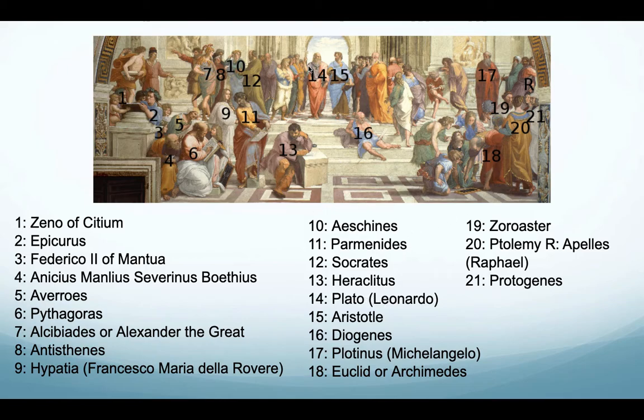So that's what Leonardo looked like. It says number 20 here is Raphael, but a lot of people have speculated that this is Raphael right here, number 13. And so he's got a lot of different friends that we have figured out who they are. But you can see that it's, like I said, a who's who of ancient Greece, a lot of different philosophers in that.